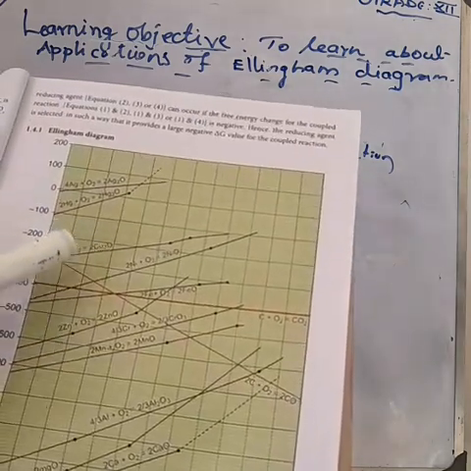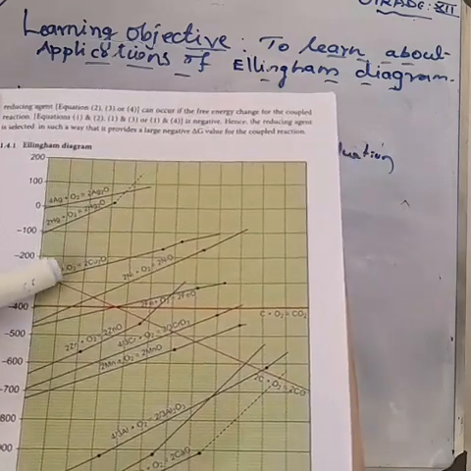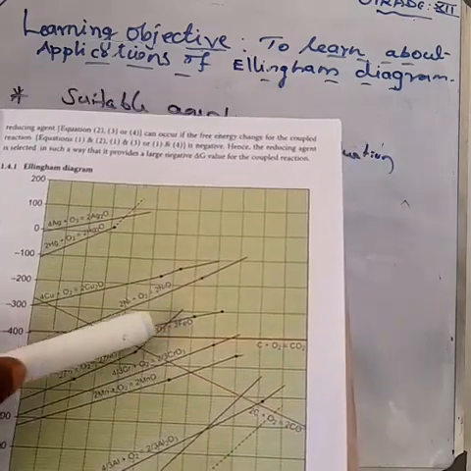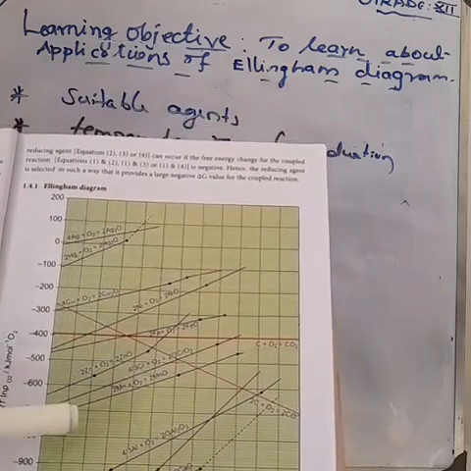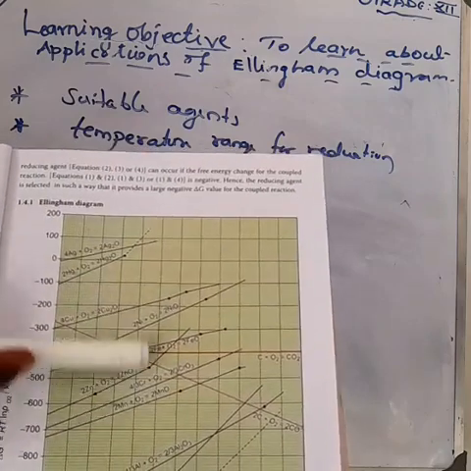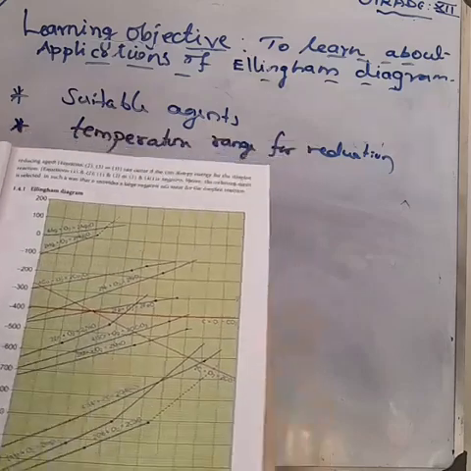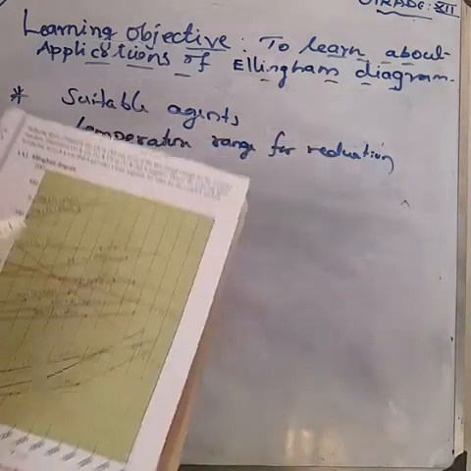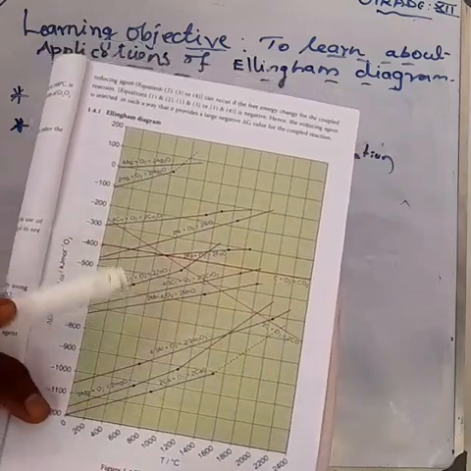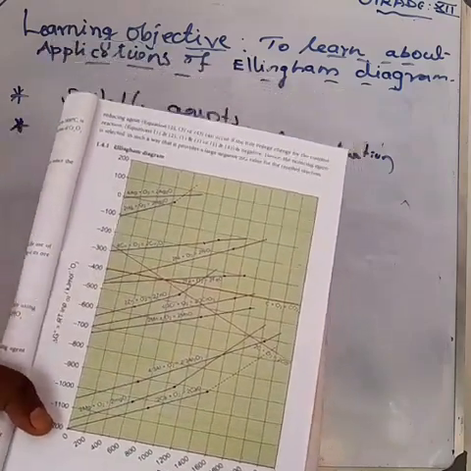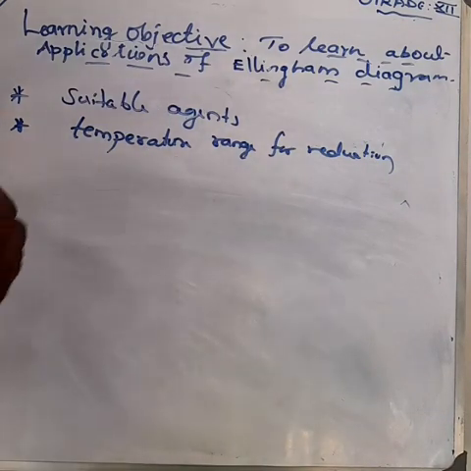That is the main point. Any metal can reduce the oxides of other metals that are located above it in the diagram. The metal located lower can reduce the oxides of the metals above it.